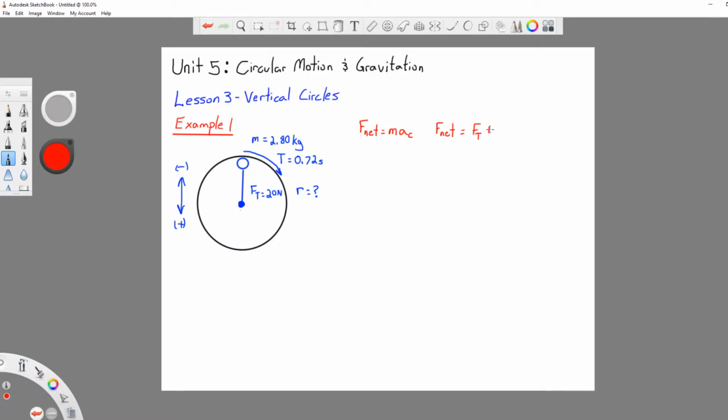Okay, and plus the force of gravity, because gravity is also in the downward direction. All right, so here we have force tension. We also have force gravity. And our acceleration, I'll put that one in the center here. Our acceleration is also towards the center of the circle. So all of our forces are in the same direction.